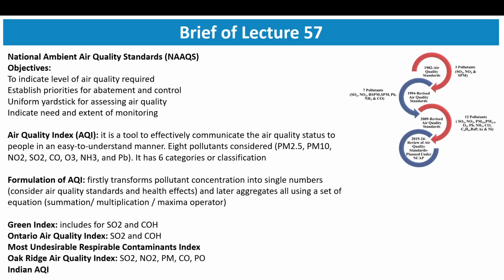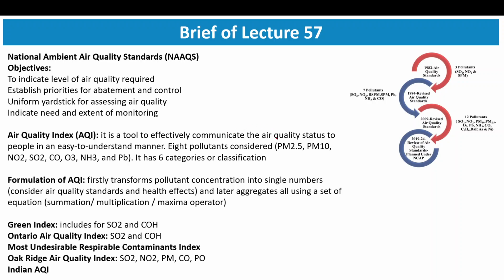Now, you will not only get the concentrations of individual pollutants, but apart from that, you will get an idea of the overall air quality. For that, there is one index known as AQI, the Air Quality Index.